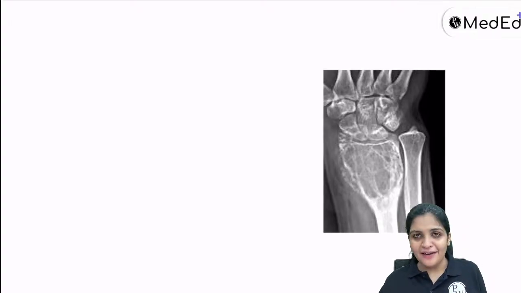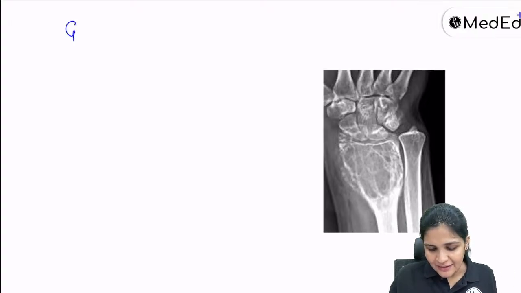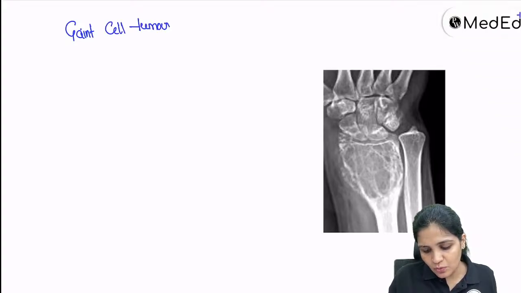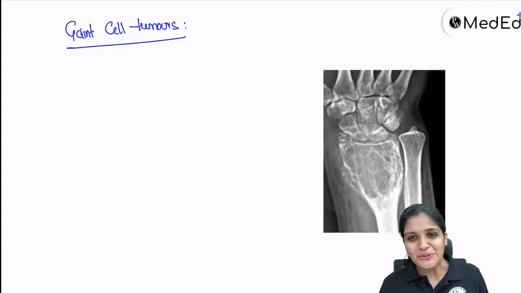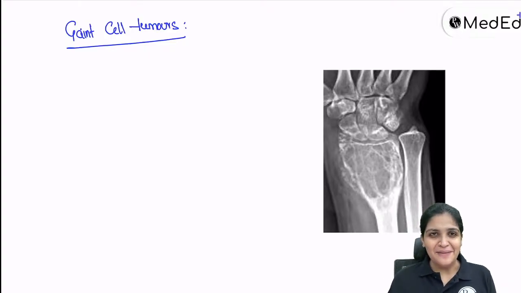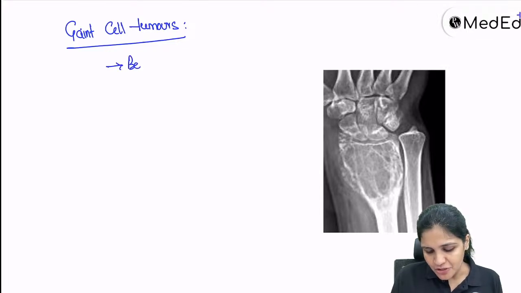So this is your very important, very favorite giant cell tumor. I don't know, so much liking towards this tumor for many of the examiners because it is one of the most common tumors. So this is supposed to be a benign tumor, but an aggressive tumor, right?